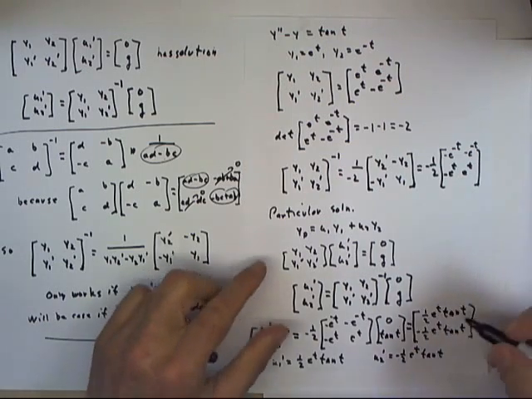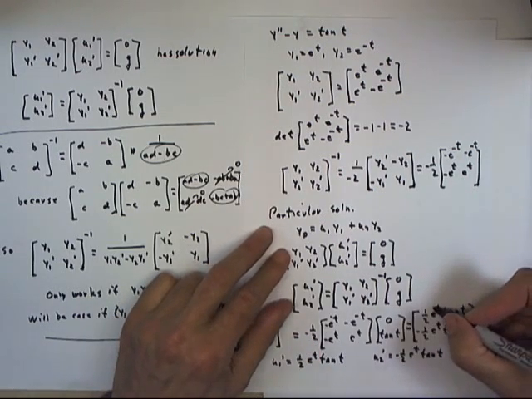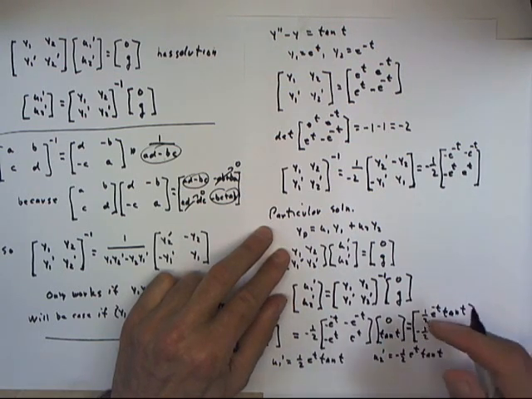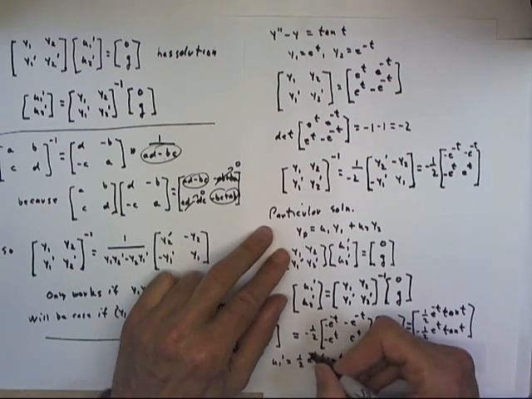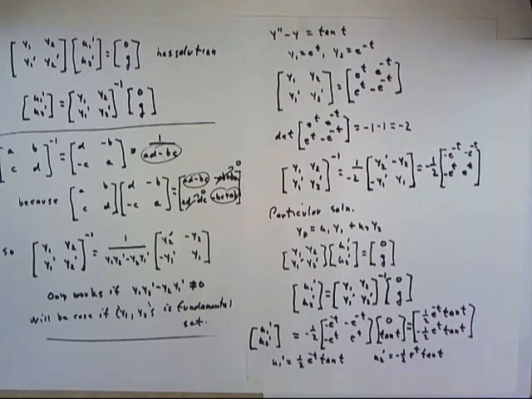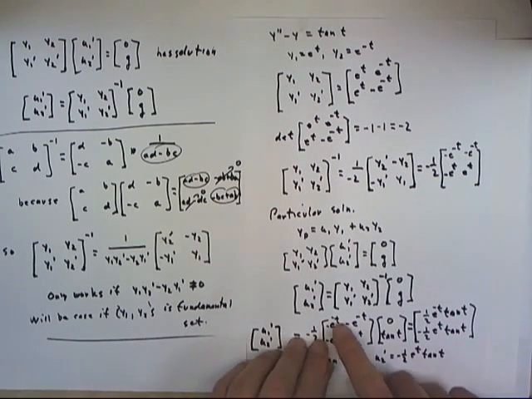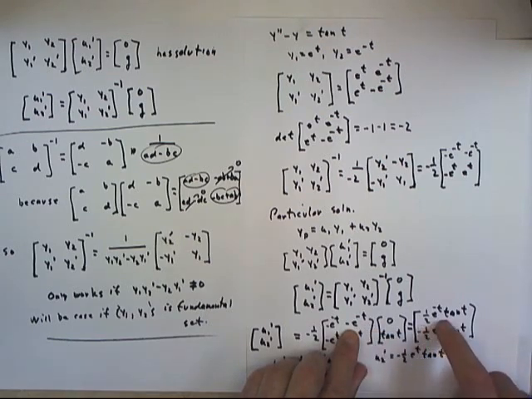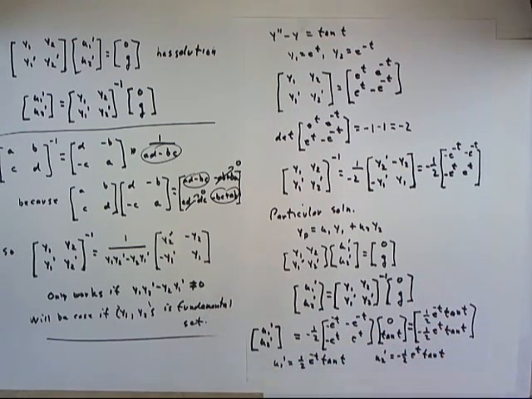Now there was one mistake here, and I'm going to go ahead and correct it now. There should be an e to the negative t on the first element in this column vector, and there should be a negative on the t and the U1 prime, because of course multiplying this row by this column, it's negative e to the negative t that's multiplied by tangent t, and we're going to get the e to the negative t out of that.